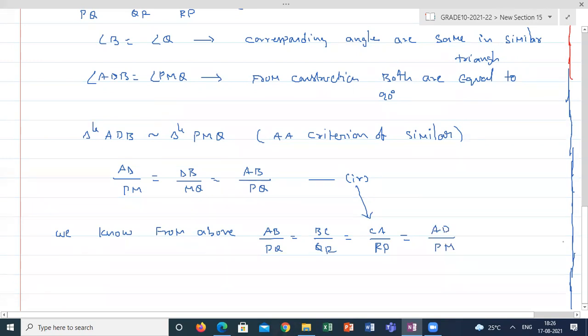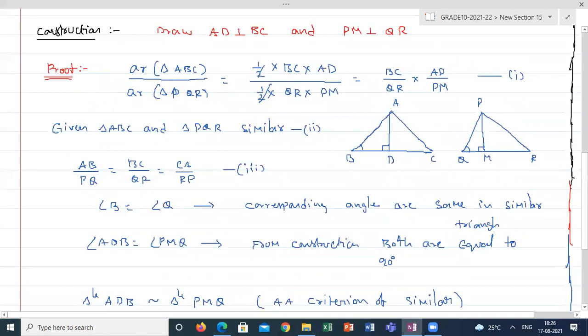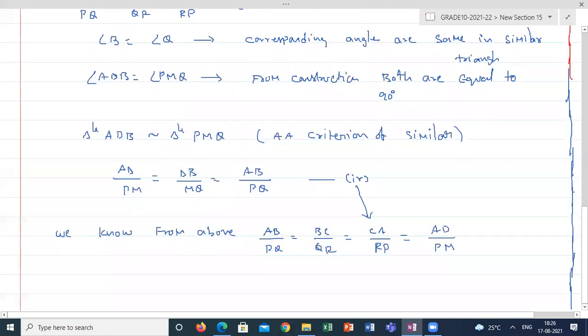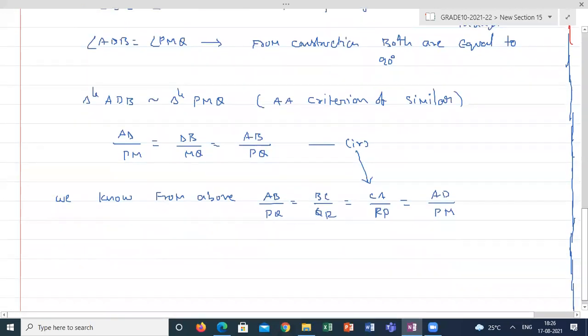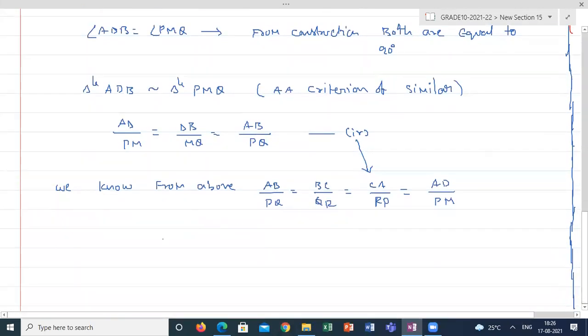Yes, sir. So this AD by PM can be replaced with any one of these three ratios. I'm bringing the first equation here. Area of triangle ABC divided by area of triangle PQR, I wrote as BC by QR into AD by PM.